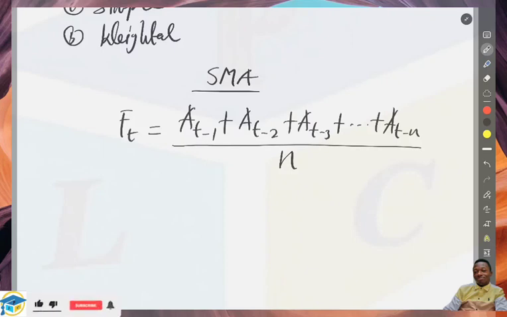They always use the most recent data that is available to the organization to forecast for the coming period. Always take note that in forecasting under the moving average, and it cuts across all the methods of forecasting, we take into account the most recent, the latest data that is available to us.